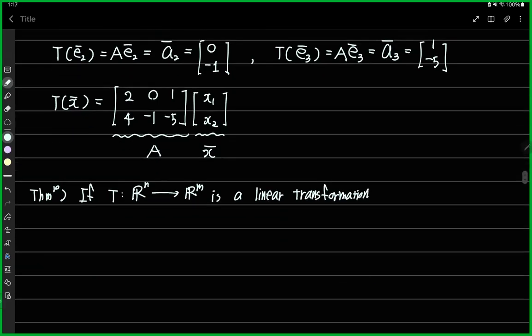Okay. Then there is a unique matrix A. This is a theorem talking about the uniqueness of the matrix corresponding to the linear transformation.